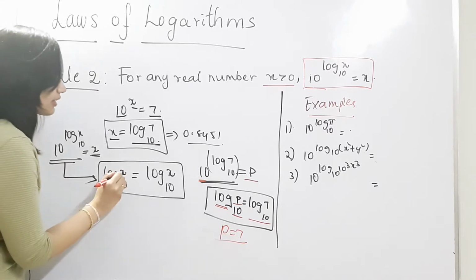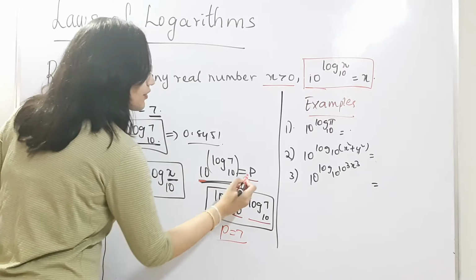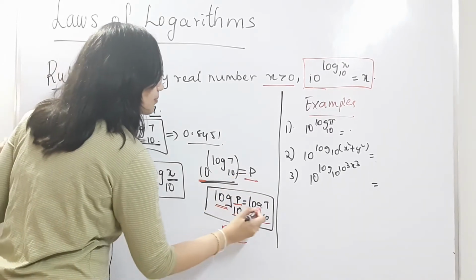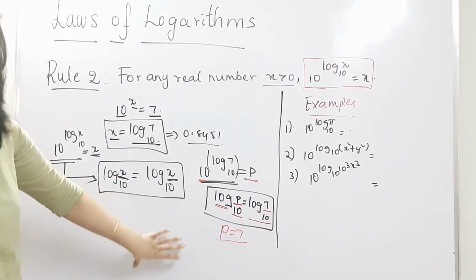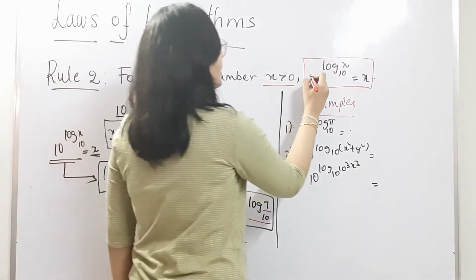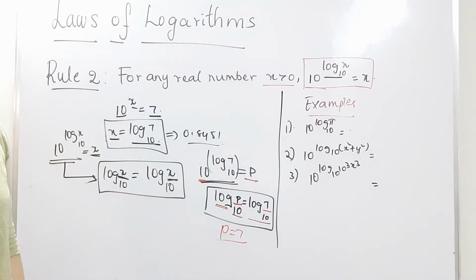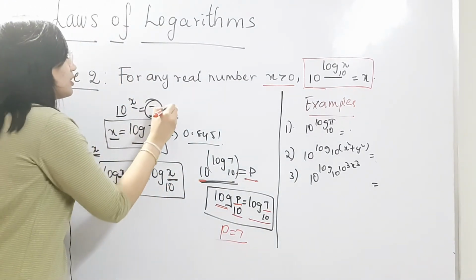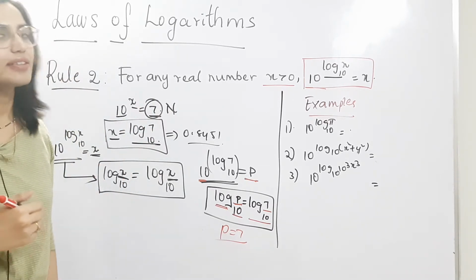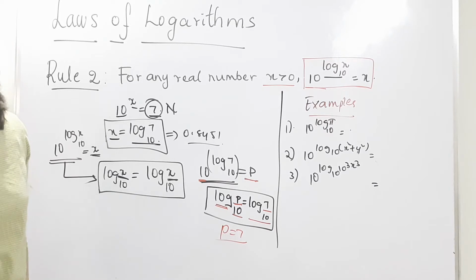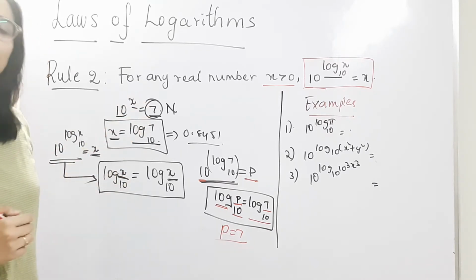We saw that this value is equal to this value. If we assume that this is p, we get p is equal to 7 itself. So based on this, we can conclude that 10 raised to the power of log x to the base 10 is x itself. That is the number that will result when you raise a power to the base 10, or any base for that matter.